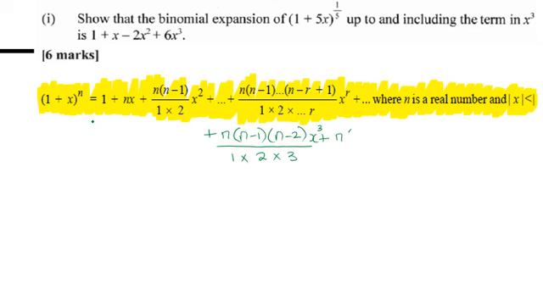So the fourth one would be n times n minus 1 times n minus 2 times n minus 3 over 1 times 2 times 3 times 4, and then the x fourth term. Right? I said the fourth term, but it's not the fourth term.